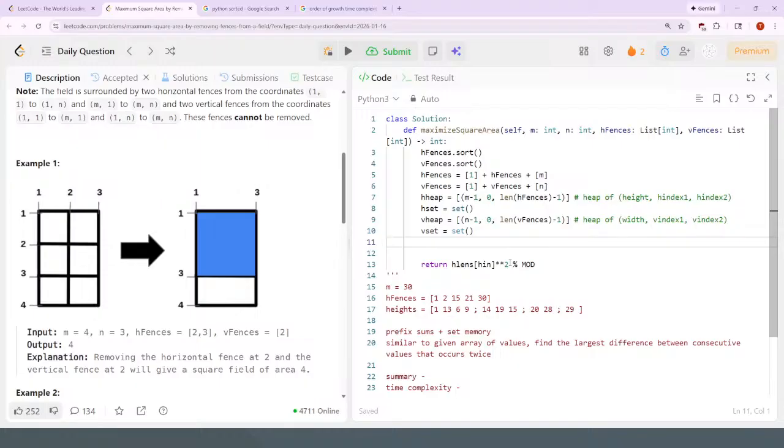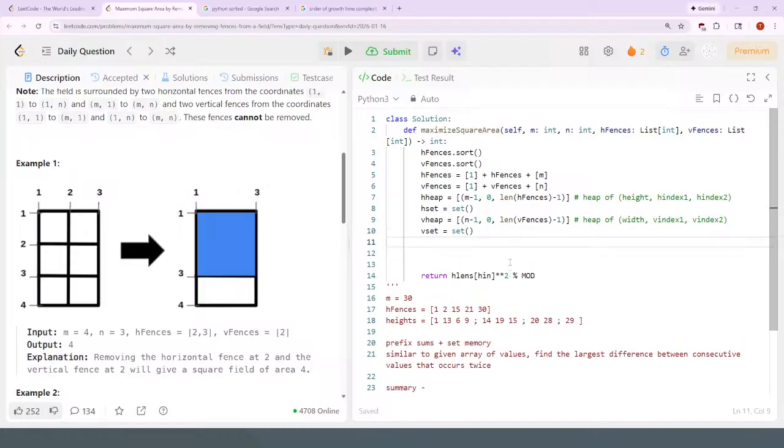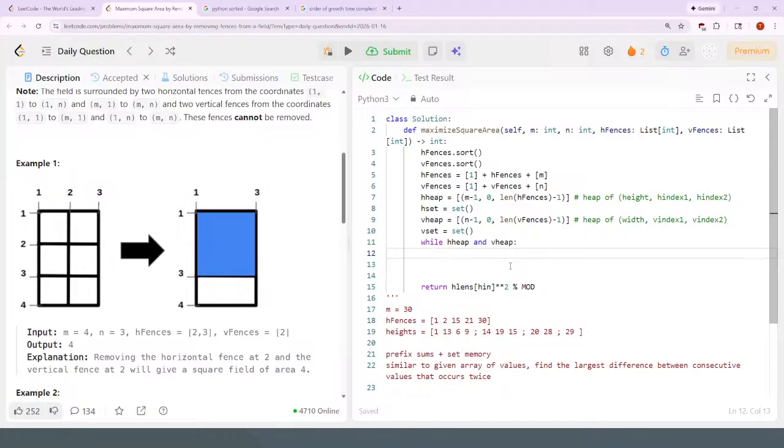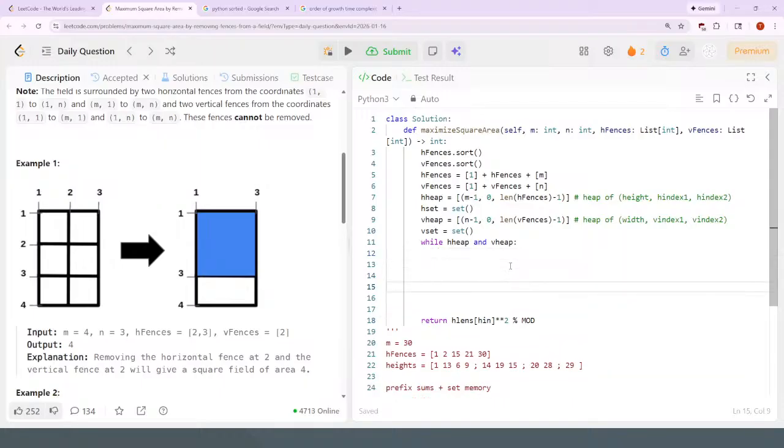I wonder, should I put in a dummy one? Probably not. Maybe. I don't know. While there is an H heap and there is a V heap and the top of the H, so while there is, if there isn't, then return -1, I think.